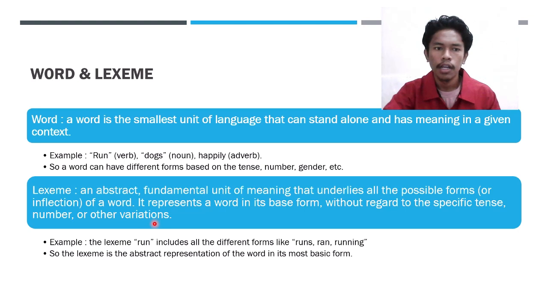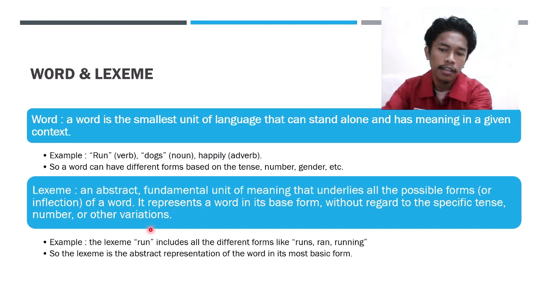Example: the lexeme run includes all the different forms like runs, ran, running. So the lexeme is the abstract representation of the word in its most basic form. Runs, ran, running all come from the same lexeme, run. That's what we call a lexeme.